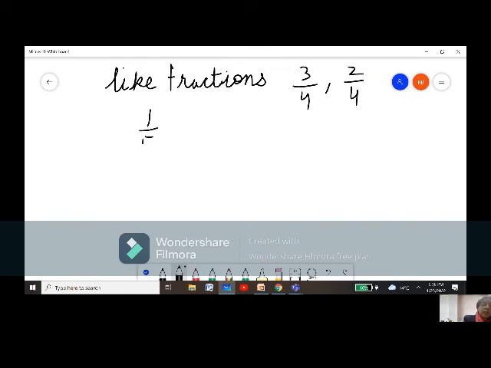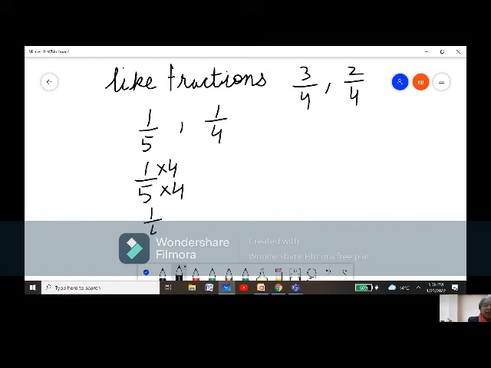We have given two fractions 1 by 5 and 1 by 4. We have to change both into like fractions. For this, write down the first fraction and multiply by the denominator of the second fraction.